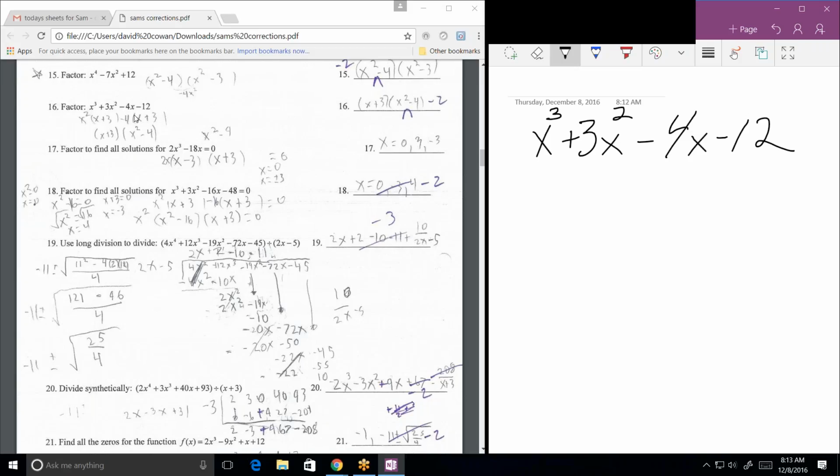Here's the thing. When I group it, by putting parentheses around the first 2 terms, and then putting parentheses around the second 2 terms, the whole idea is to not change it. If I change it, I've made a mistake. What goes in this second set of parentheses?